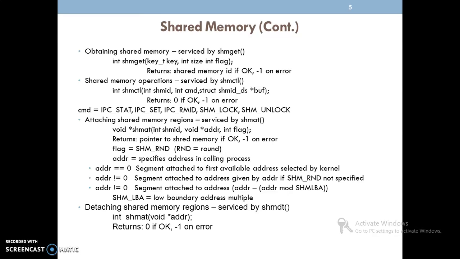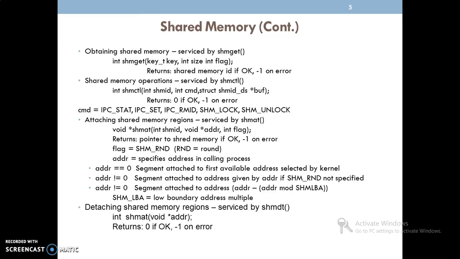Then SHM_LOCK locks the shared memory segment in memory. This means we are not allowing any other process once one starts accessing. There is a kind of synchronization, we can assume that. SHM_UNLOCK means unlocking the shared memory; you might be familiar that once we lock a particular memory, we need to unlock it.